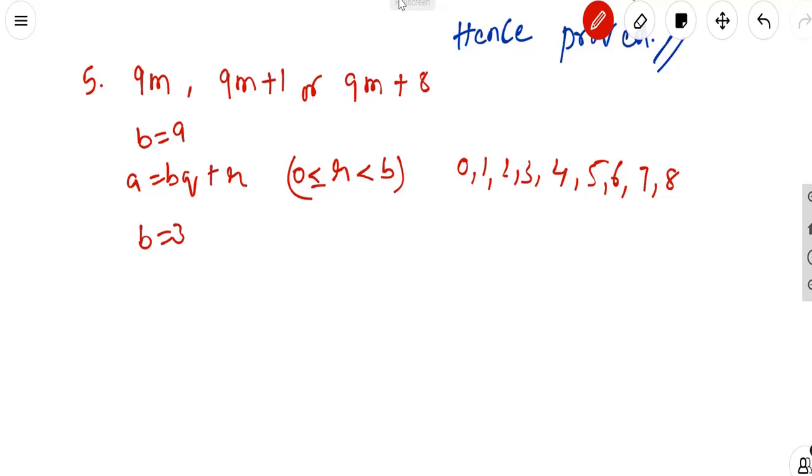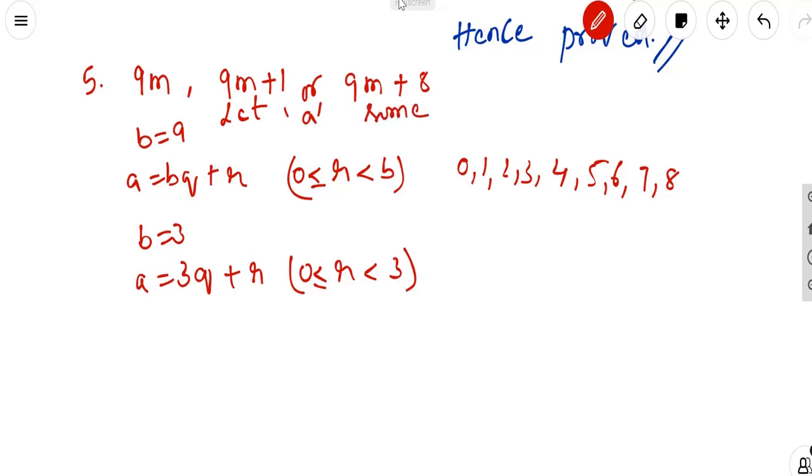So if I take b is equal to 3, then the equation will be a is equal to 3q plus r, where r is greater than or equal to 0 and less than 3. And one more first line you have to write down here: let a be some positive integer.